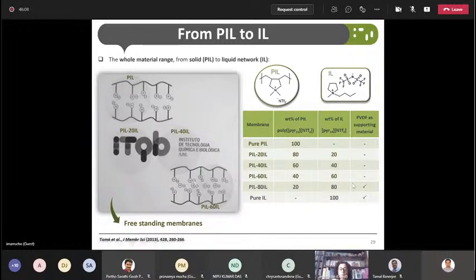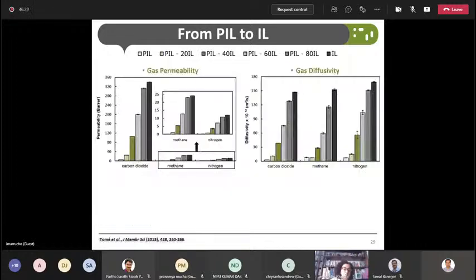So we prepared here this PIL with 80% IL. It is a liquid. We prepared it exactly as a film, put it into a membrane, and allowed the solvent to evaporate. And the results that we are here watching are from those polymers, and we got exactly what we thought we would get, which is that the highest amount of ionic liquid, the highest gas permeability I have.